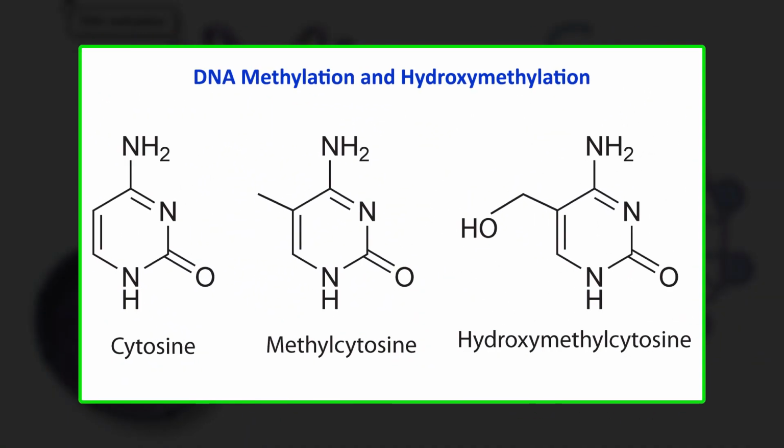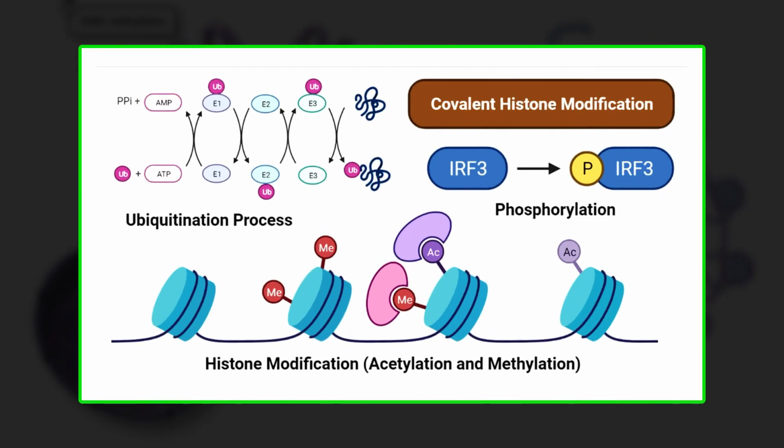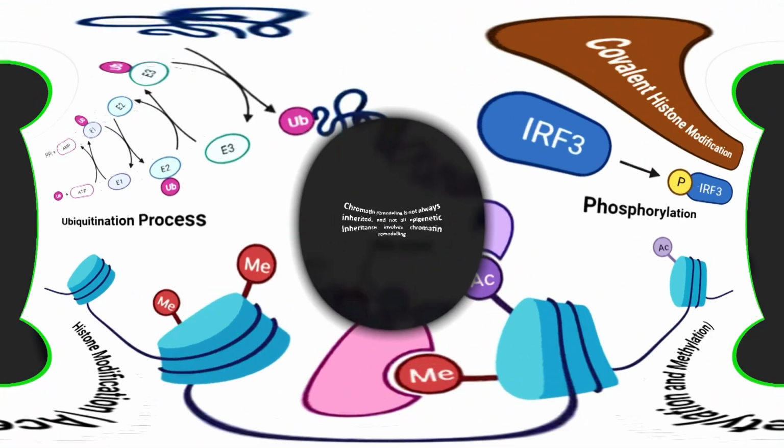The covalent modifications of either DNA, for example, cytosine methylation and hydroxymethylation, or of histone proteins like lysine acetylation and arginine methylation, serine and threonine phosphorylation and lysine ubiquitination and sumoylation play central roles in many types of epigenetic inheritance.